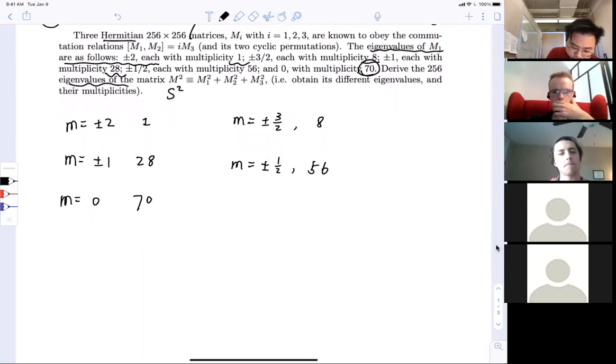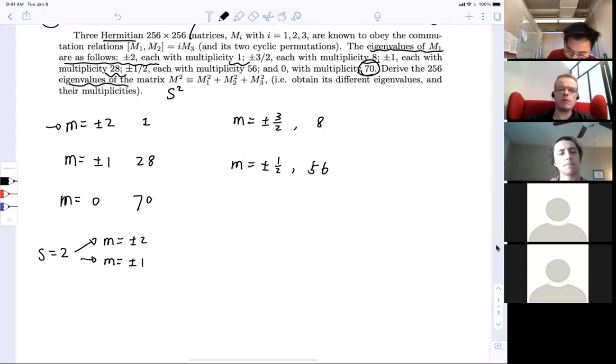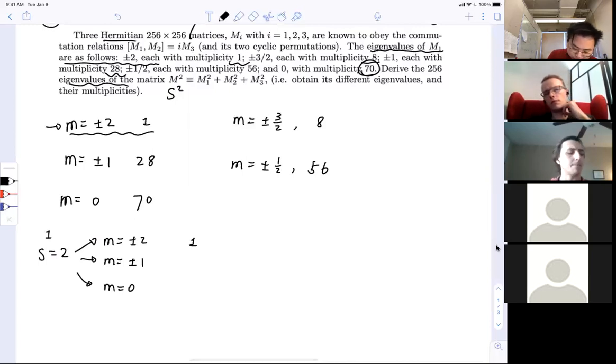Because we have m equal to plus or minus 1, there must be a spin 2 representation. One spin 2 would give us m equal to plus or minus 2, m equal to plus or minus 1, and m equal to 0. From the condition, we know there is one m equal to plus or minus 2, meaning there is only one spin 2.